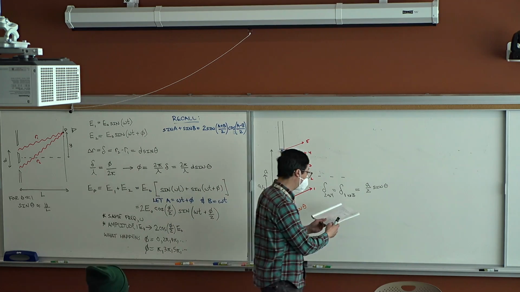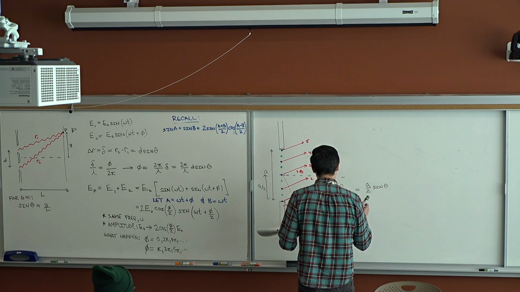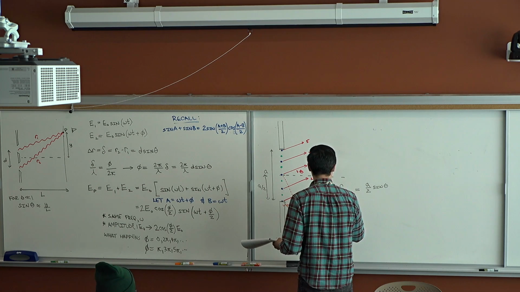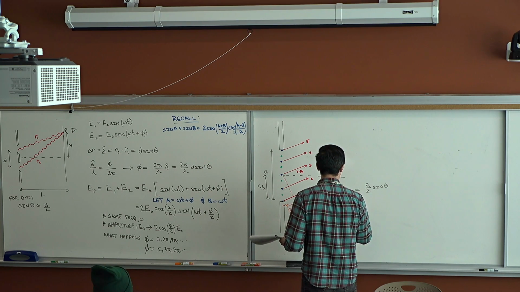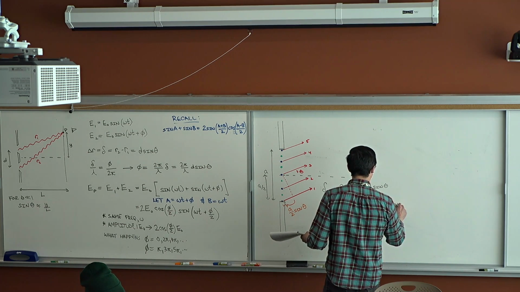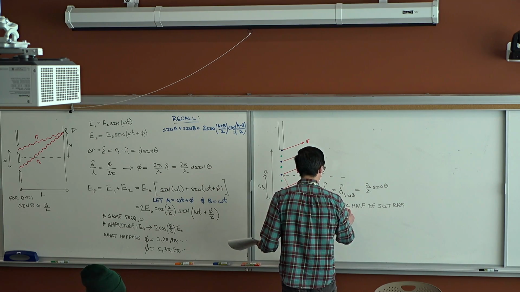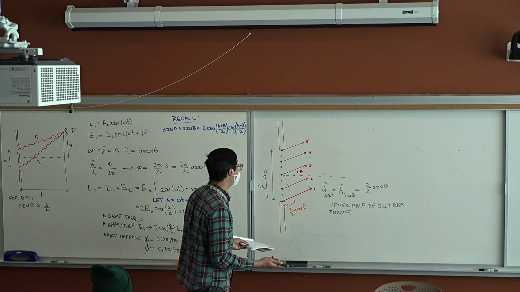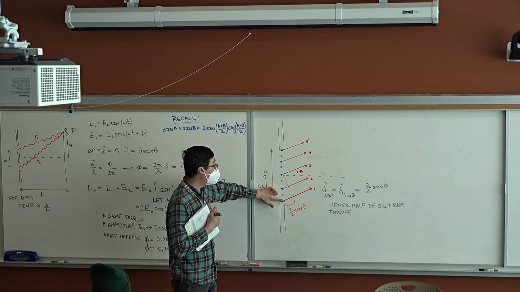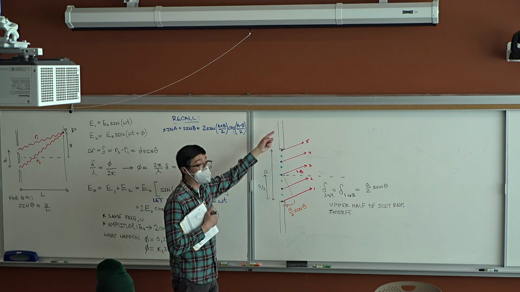And so upper half of slit rays. Couldn't we also say 5 and 3? Sure. I just want to say pairwise I can find any one in the lower half that will partner with one in the upper half.